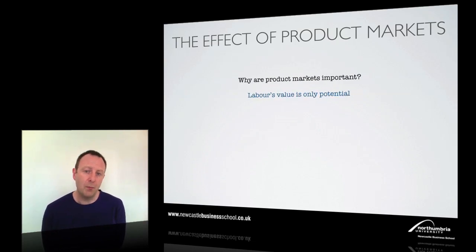And the reason why product markets are so important is because of the particular nature of labour, of people's ability to work, and the value of that ability to work for organisations. Because whilst I've been saying that in many ways setting a price for labour in labour markets is like setting the price of other commodities in other markets, there is also quite a big difference.